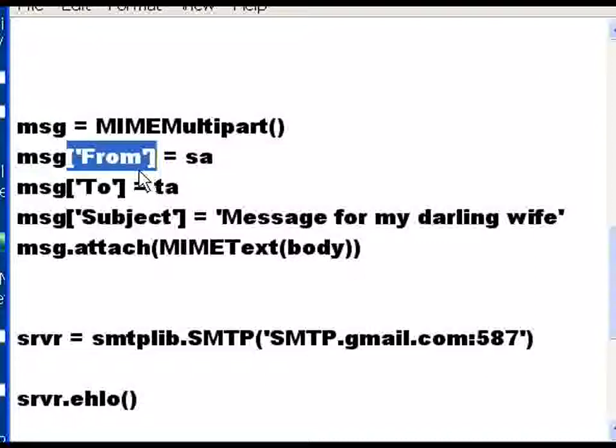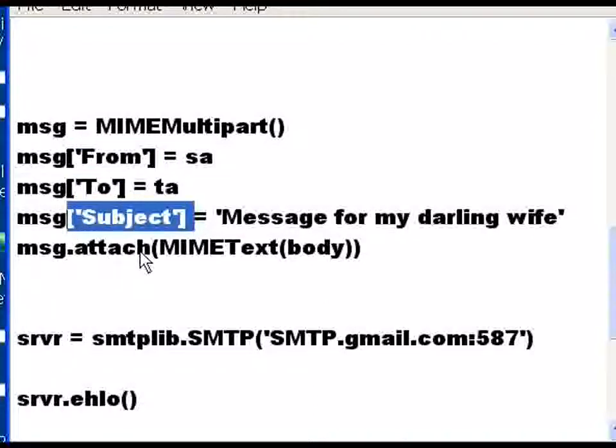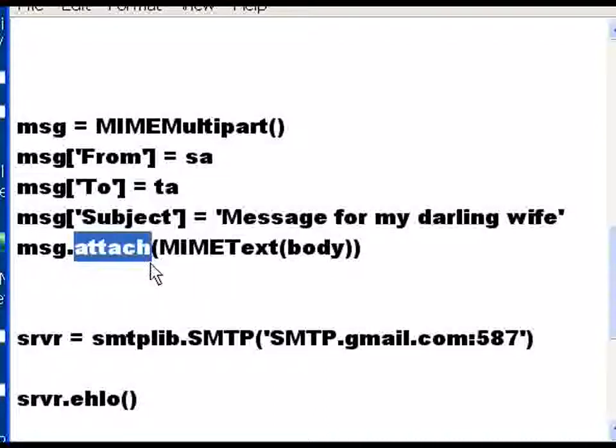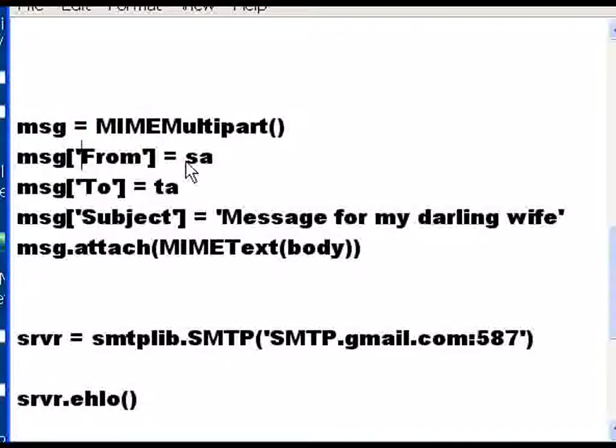I say, oh my goodness, it must be a list, and I can assign values to it. And then, message.attach. That's a method, huh? Okay, this returned an object. This is not a list, it's an object. Then you can assign certain parts of message with other data.